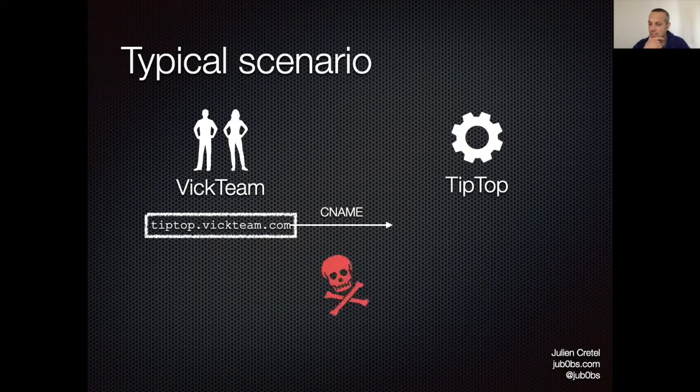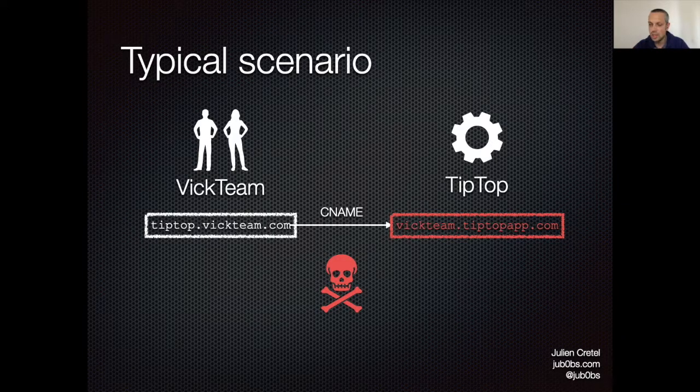And then an attacker appears and realizes that victim.com has one of its subdomains pointing to a non-existing TipTop instance. And the attacker goes, okay, here's my opportunity. All the attacker has to do is recreate the missing instance, and from then on, he or she controls the content served by the subdomain of victim.com.